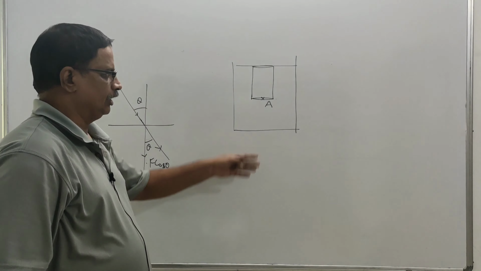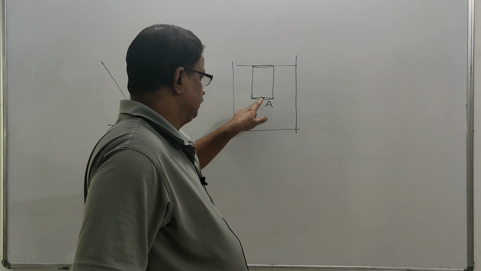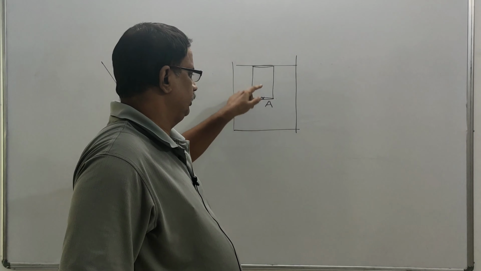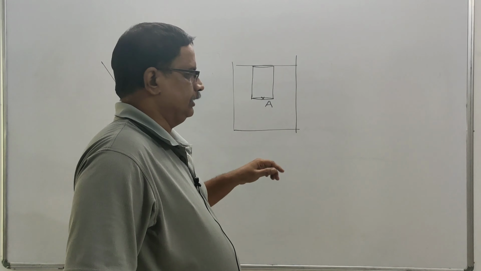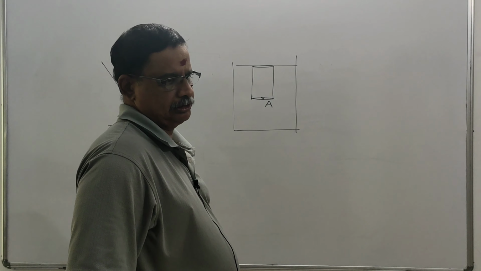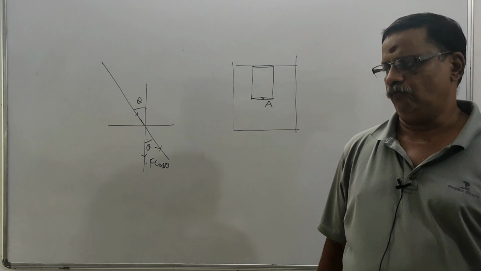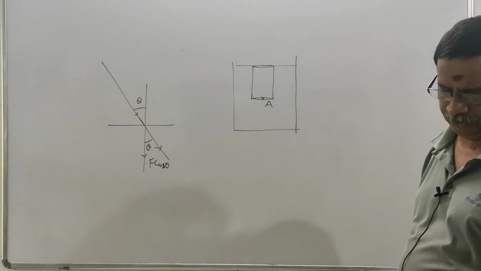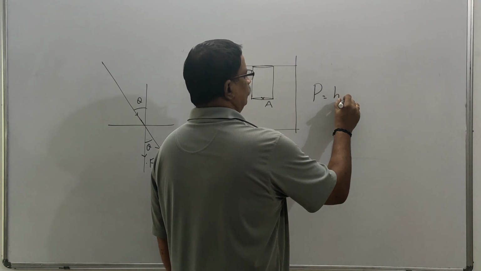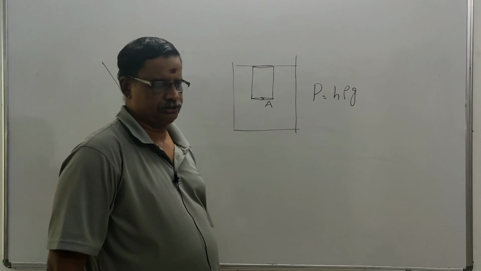The weight of the cylindrical column of water above this point will be acting on this point in the vertically downward direction, and due to that a force will be acting here, and that force when divided by the area will give you the pressure acting at that point. So pressure at a point in a liquid is actually due to the weight of the liquid column above that point. And you have a formula, which you derived in your +1 class: P equal to h rho g. That is the expression for the hydrostatic pressure, P equal to h rho g.